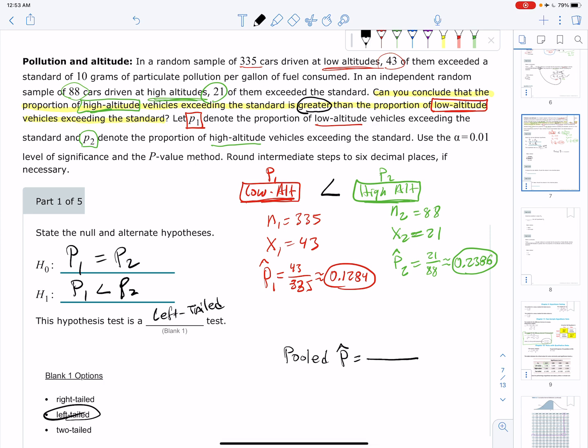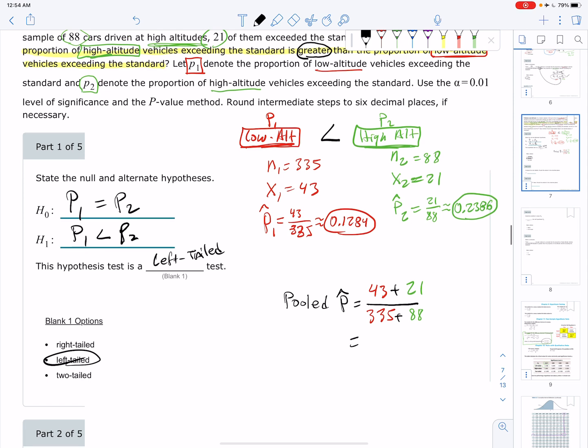All we have to do is take our 43 exceeding and 21 exceeding on the high altitude. So we've got our x sub 1, x sub 2, add that up on top. Down below we have our sample sizes, n sub 1, 335, and n sub 2, which is 88, and add those up.